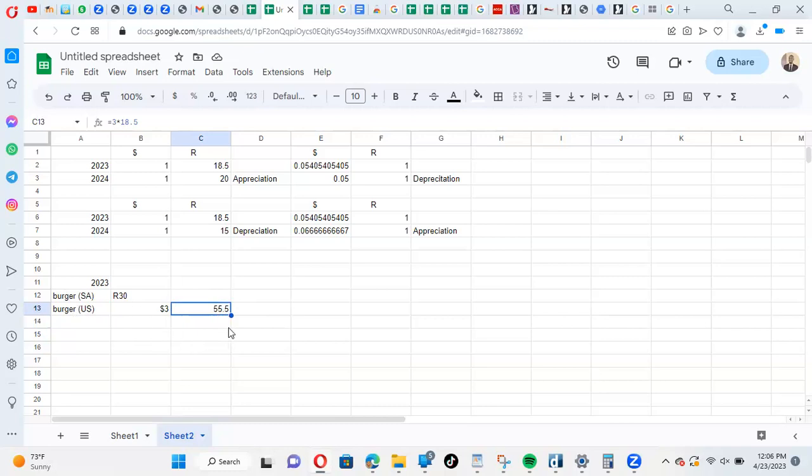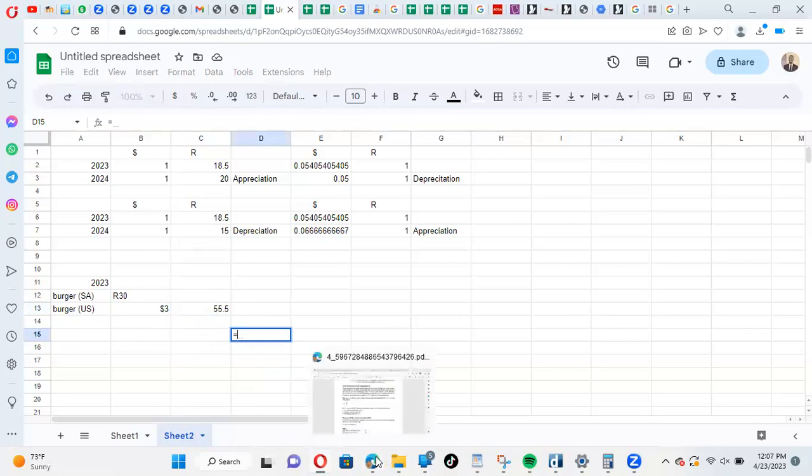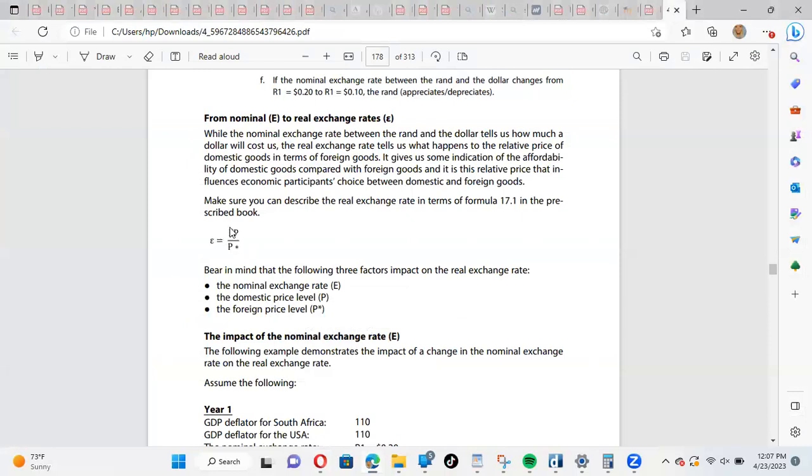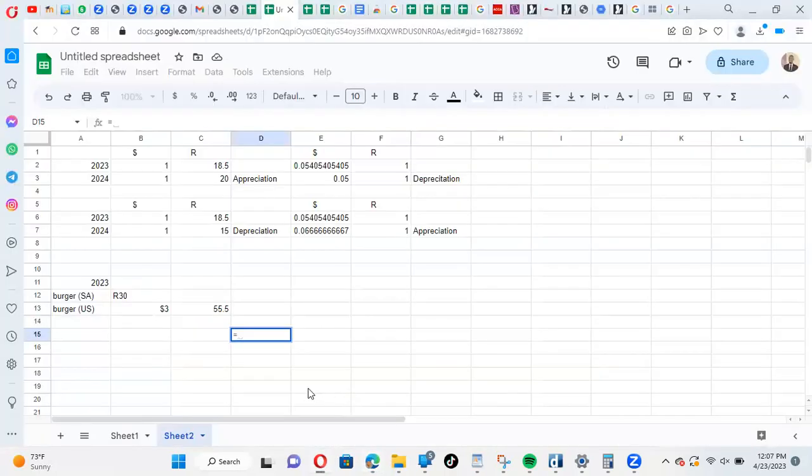So what then would be the real exchange rate? Our real exchange rate is 18.5, based on the formula given here. It's basically the nominal exchange rate times the domestic price divided by the foreign price. So 18.5 multiplied by 30 divided by 55.5. This is the real exchange rate there.